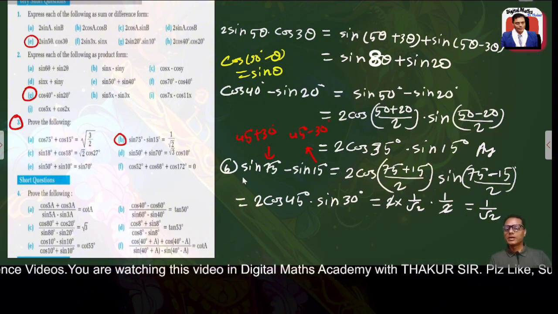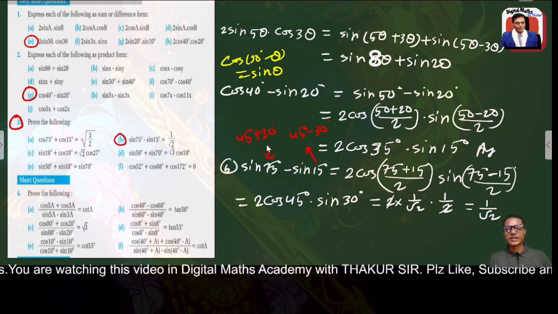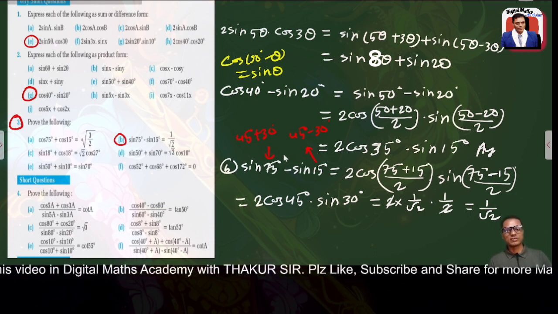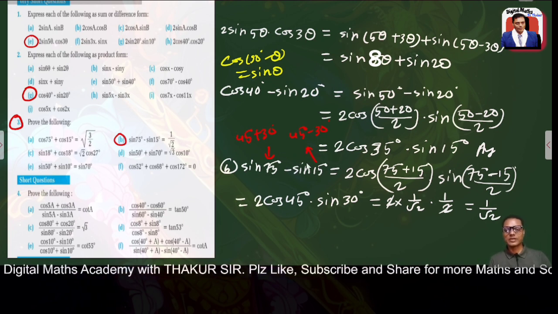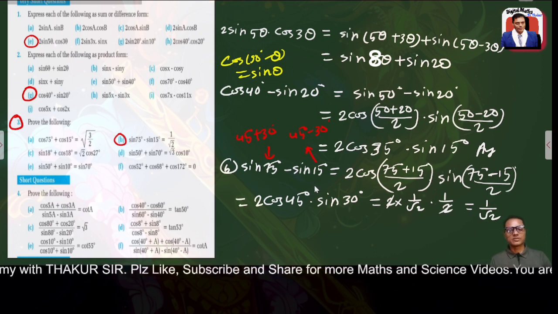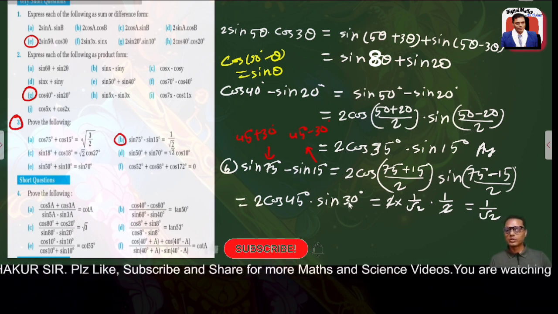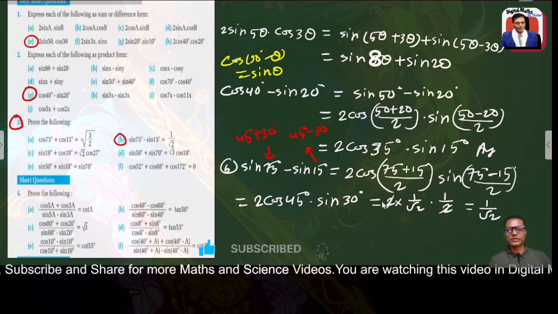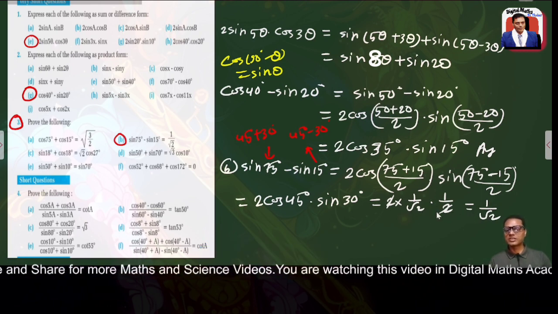Then we can apply the formula sin(A plus B), sin(A minus B), with sin 45, sin 30, cos 45, cos 30. Of course the simplification will give us the correct answer. But according to this chapter, this is the best method, so I recommend you use this formula only, this method only.